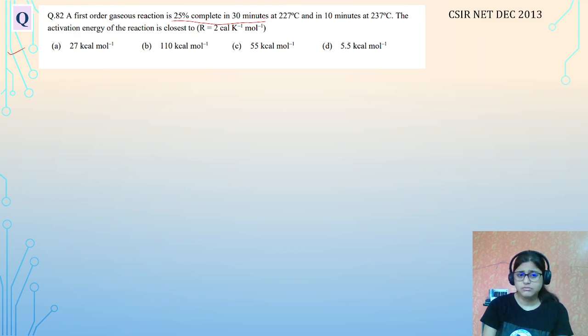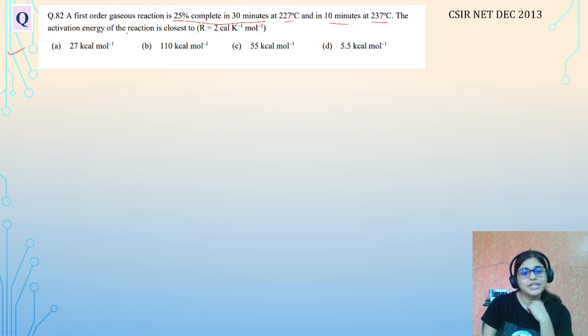Okay, you are thinking this is a first order equation question, but here is a twist. It is at this temperature, and in 10 minutes at this temperature, because temperature has an effect on reaction rate. So that's why this is the change.